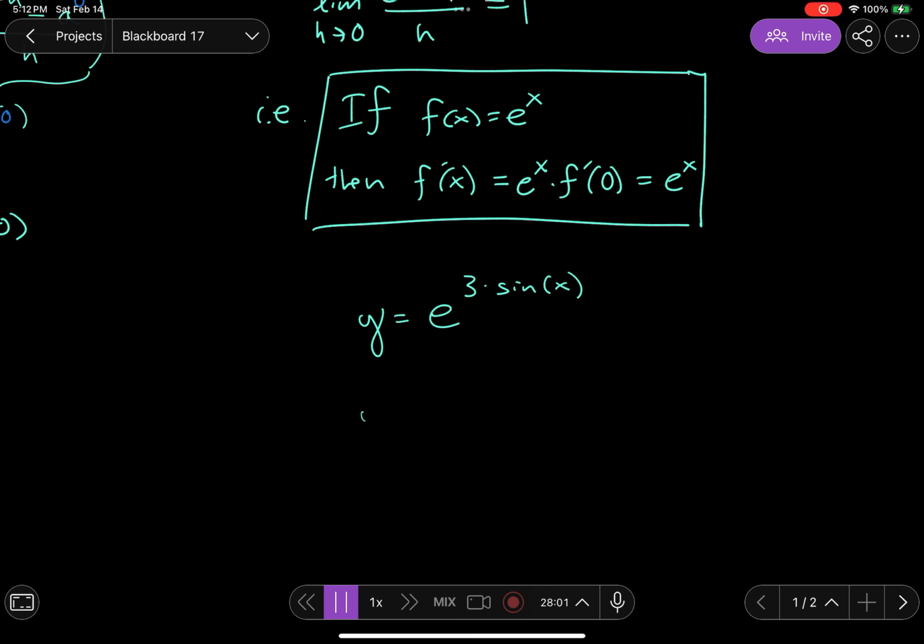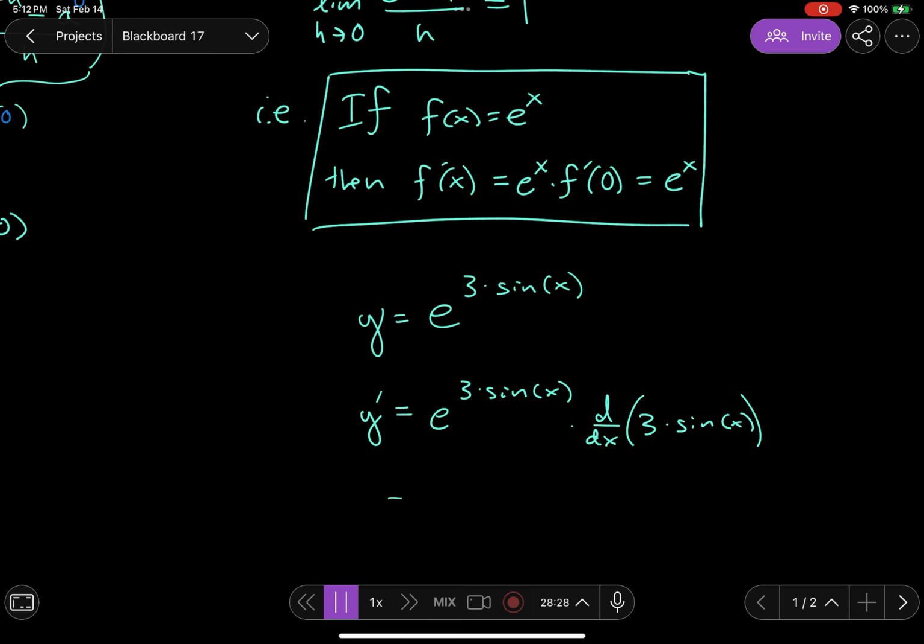To take the derivative, y prime, I have to take the derivative of the outside function, which is e to the something. But the derivative of e to the something, as we just said, is going to be e to that thing. So this would be e to the 3 times sine of x times the derivative with respect to x of 3 times sine of x.